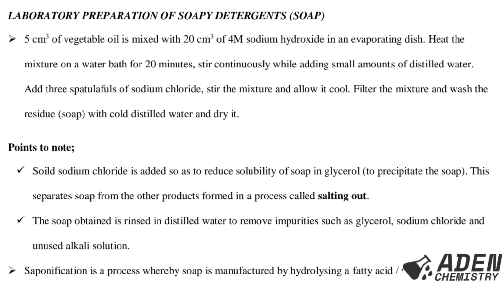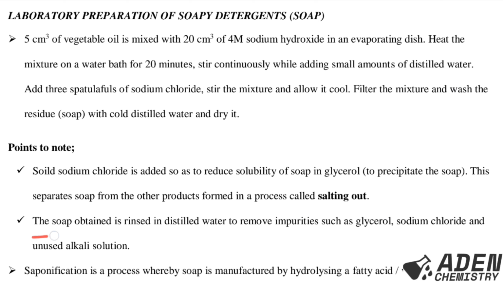This separates soap from other products formed in a process called salting out. So salting out is the process of precipitating the soap or reducing the solubility of the soap in glycerol.